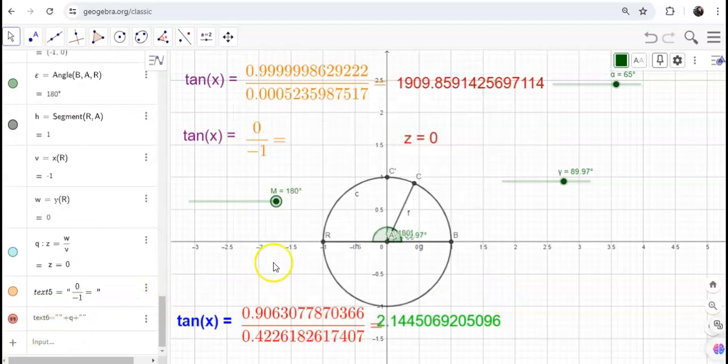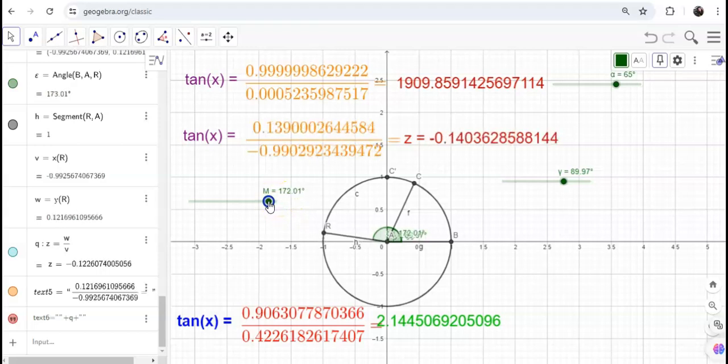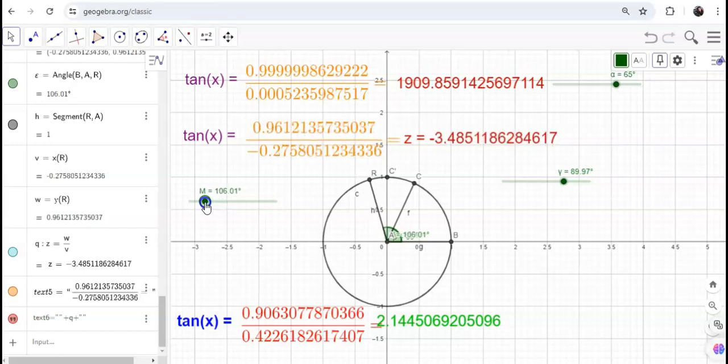So as the angle measurement moves from 180 degrees to 160 degrees, towards 120 degrees, and towards 95, and then eventually around 90, what did you notice?